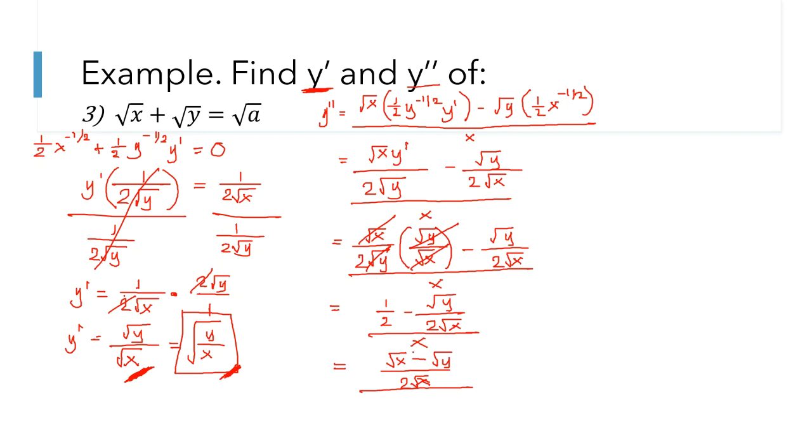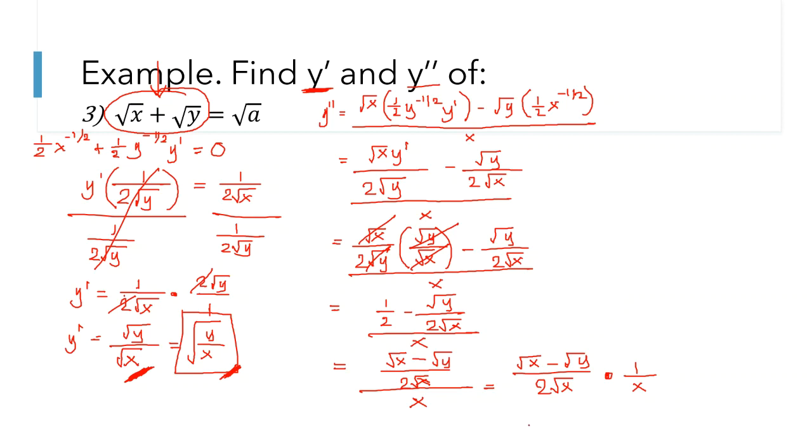Then we still have the denominator, which is x. So afterwards, we can divide the fraction by multiplying the reciprocal of the denominator. We have negative square root of x minus square root of y all over 2 square root of x times the reciprocal 1 over x.